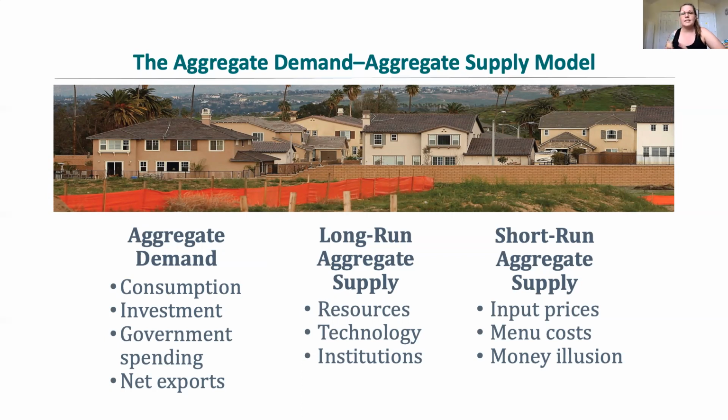Then we'll look at the different things that can impact aggregate supply in the short run and in the long run. This will be able to tell us something about how we can understand whether the macroeconomy is in expansion or recession. It will also help us to understand factors such as interest rates and unemployment rates.